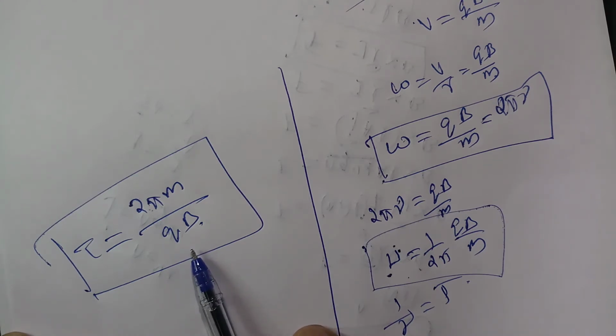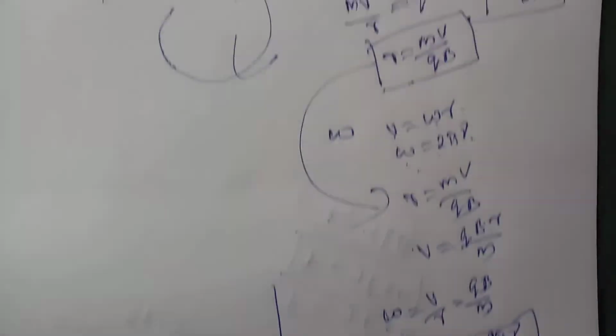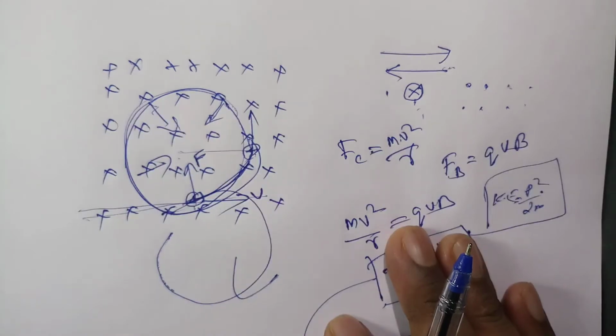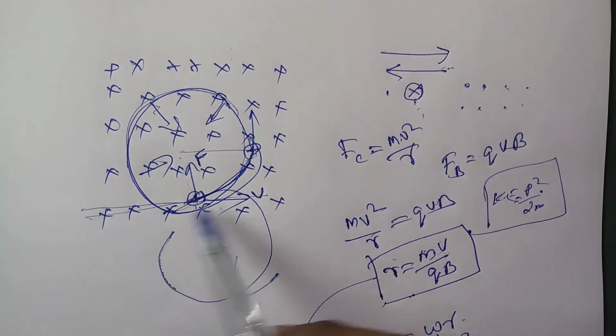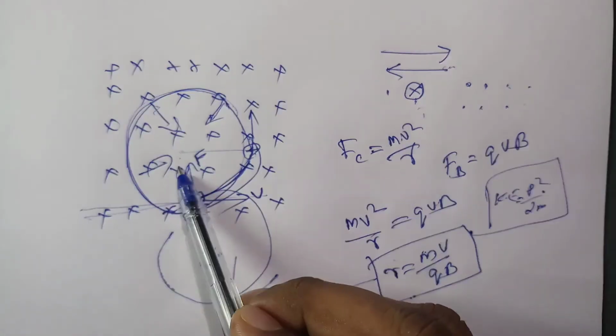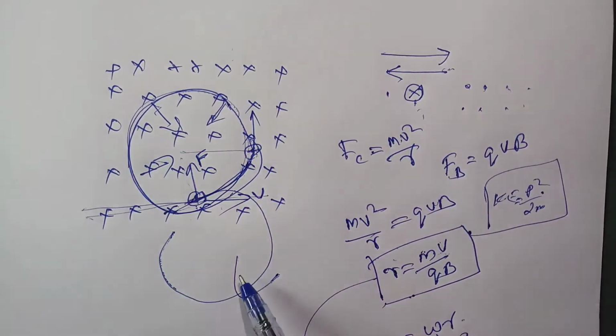Now once more we will discuss up to here, then we will go forward. What we discussed is, when the charged particle comes into a magnetic field, it will experience a force. The direction of force is toward the center, so it will move in a circular path.